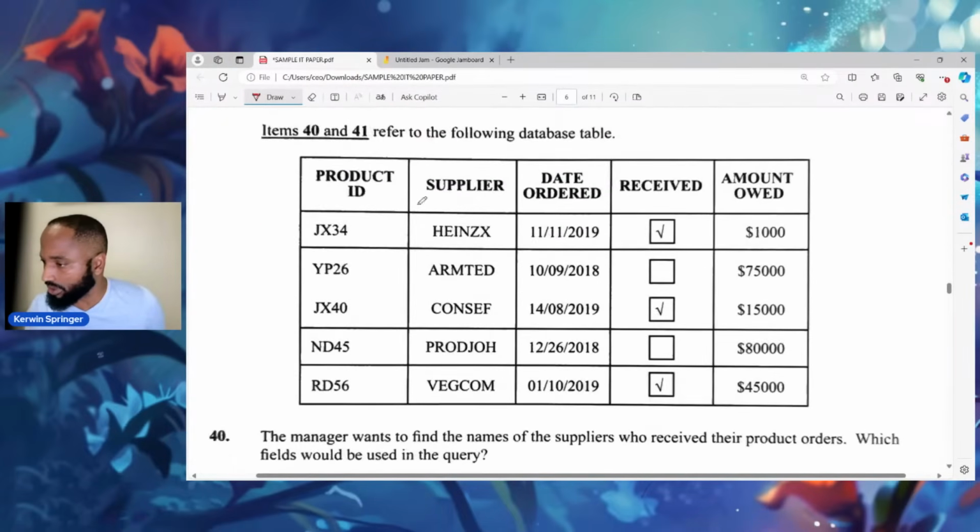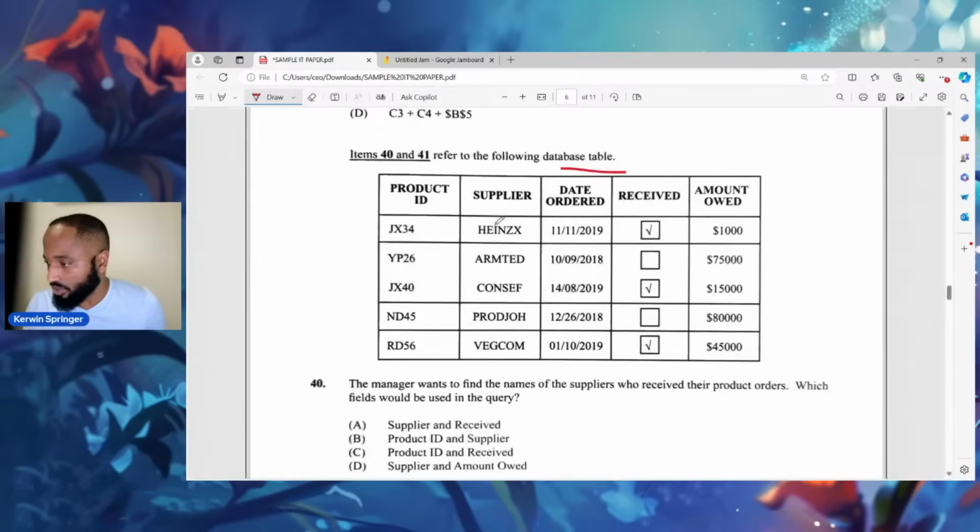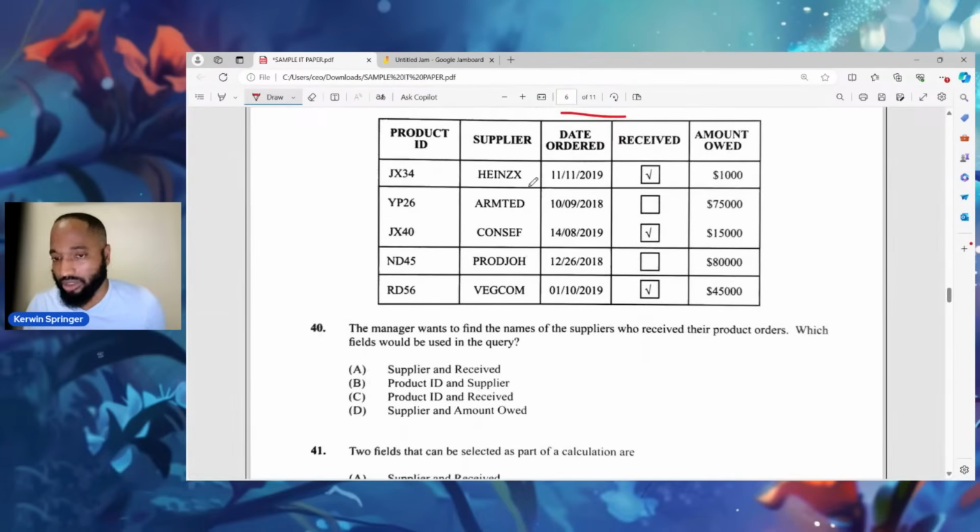41, 40, what is this? Database table. I don't know much about databases. Fortunately, I was given a guide by my IT teacher, so big up the IT teacher. The manager wants to find the names of the suppliers. I mean, it's a while since I did IT. Which of the fields would be used in the query?